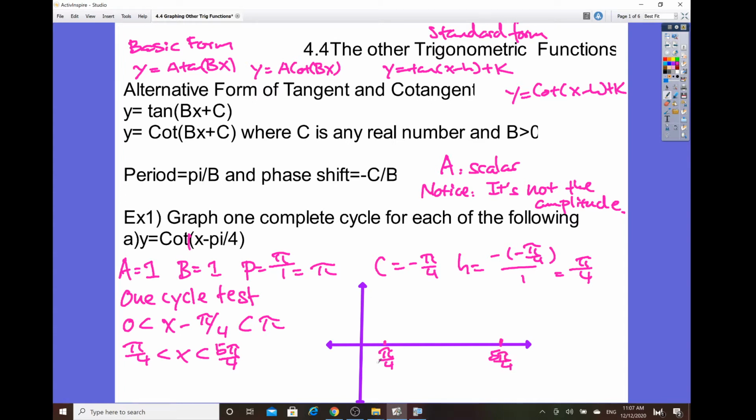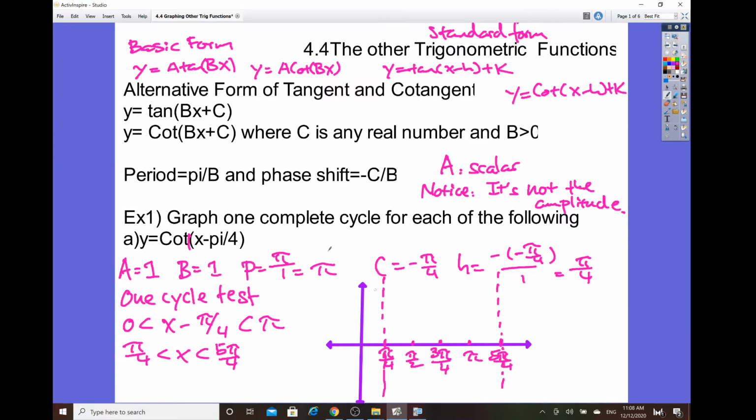Then half of the distance: 6 pi over 4 divided by 2 is 6 pi over 8, which is 3 pi over 4. Then 4 pi over 4 divided by 2 is pi over 2, and 8 pi over 4, which is 2 pi, divided by 2 is pi. At pi over 4 is the first vertical asymptote of that one cycle, and this one is the second vertical asymptote.